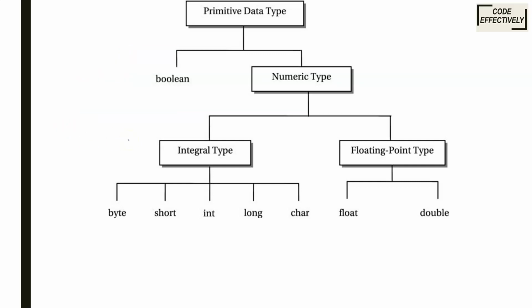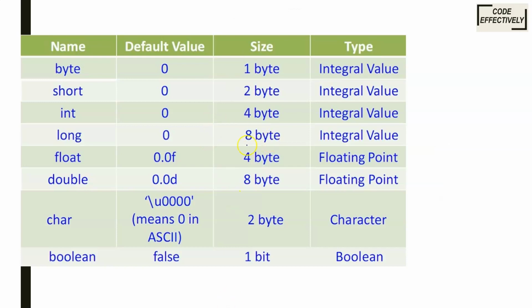These are the primitive data types. Now let me come to their values. As I told you, first we have to learn their default values. Byte has 0, short has 0; since these are all integer data types, their default values are 0.